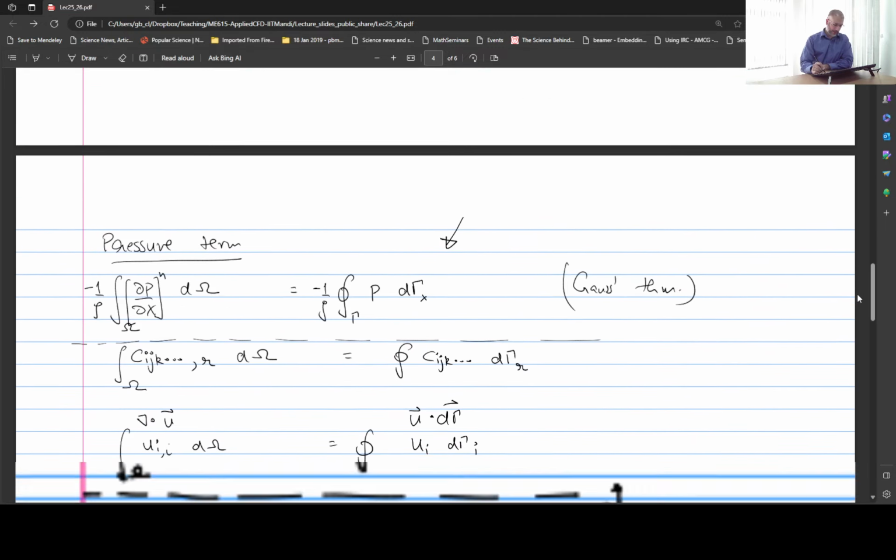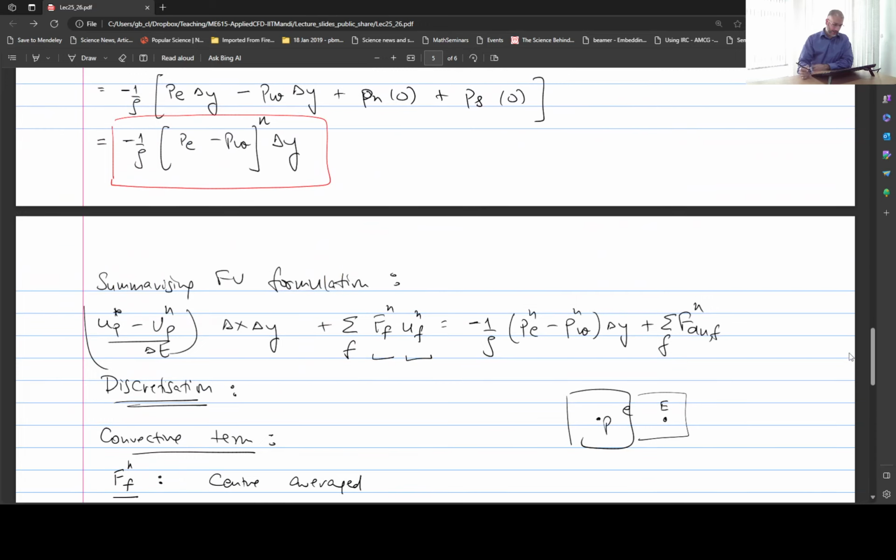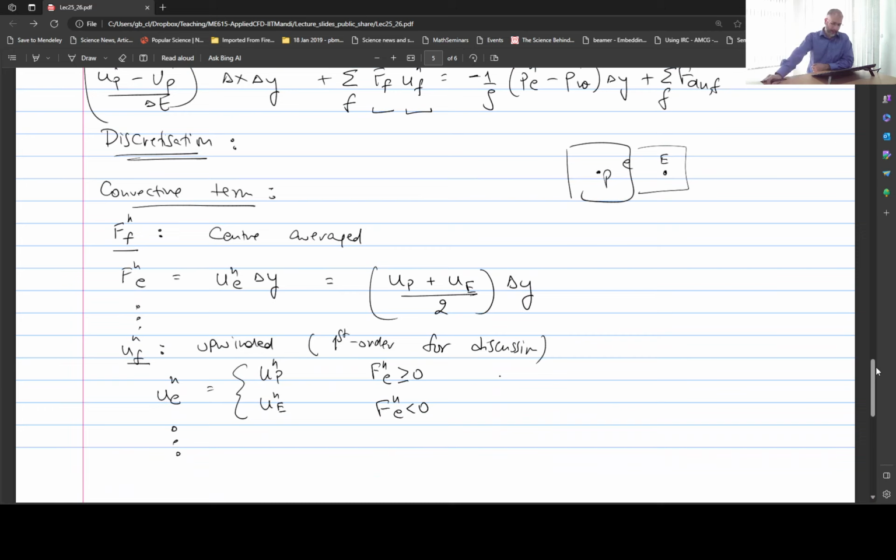the different terms, and then we summarized the finite volume formulation as this, where you had the convection and diffusion flux terms, and then the next step was to discretize them. So we discretized the convective terms using the center average method for the coefficients, and the actual unknown that we are solving for in the equation, well, in this case it's an explicit approach, but still, U is the variable that is being solved.